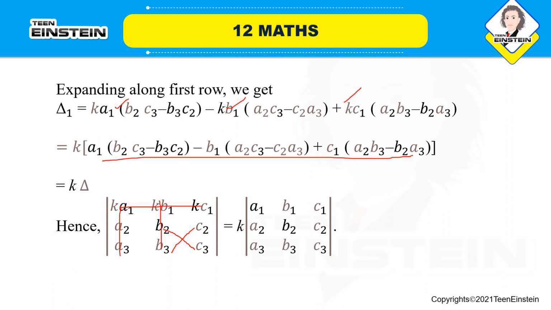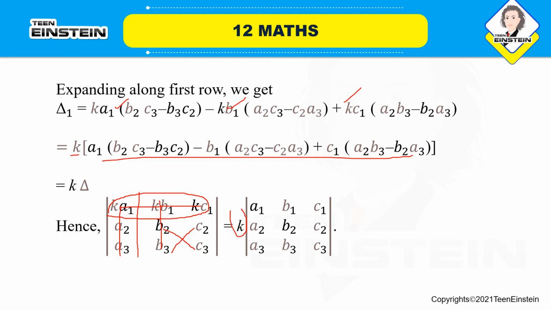So the determinant with first row KA1, KB1, KC1 is equal to k times the determinant A1, B1, C1, A2, B2, C2, A3, B3, C3. So what we have obtained here is that when you multiply each element of any row or any column by a non-zero constant k, the value of the determinant will also be multiplied by k.